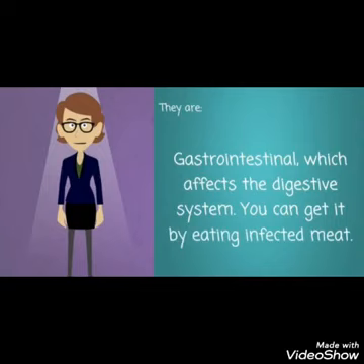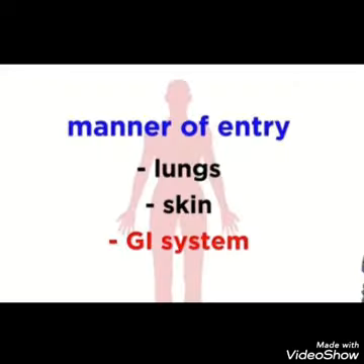When someone consumes old meat or chicken, gastrointestinal anthrax can occur. It is very dangerous and has a high mortality rate compared to the other two.